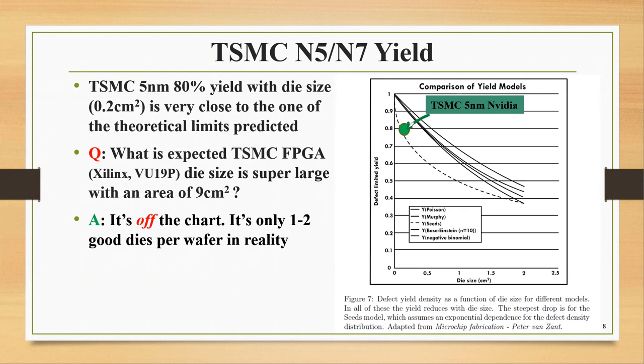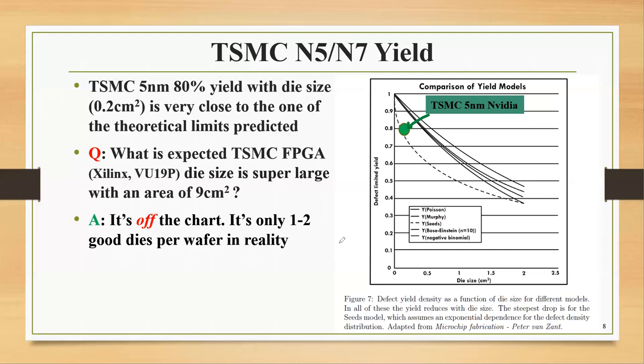And it's, I would say, inside the predicted theoretical limits. Of course, they're very close to this dotted line, right? The seeds. But it's not too far away, it's somewhat 10-20% off with the theoretical line. This means that TSMC, their yield is very close to one of the theoretical limits, at least. So this means that they are pushing the limits, even predicted by theories.